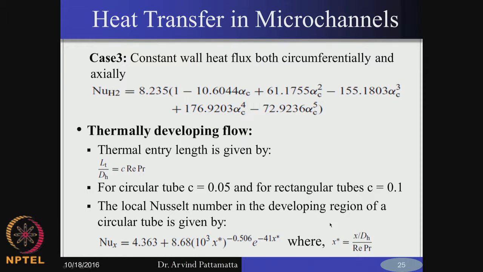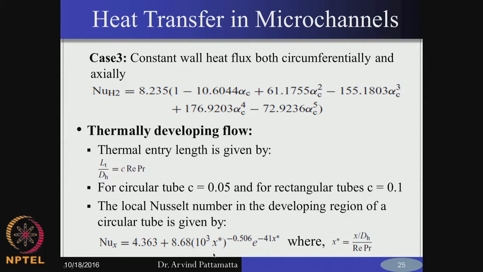Okay. And then you can use your correlation like the Greitz correlation. The Greitz correlation is one of the standard correlations for developing flows, and for a circular tube this is given as a function of the non-dimensional position. So, at any non-dimensional position in the developing region, you can estimate the value of Nusselt number.